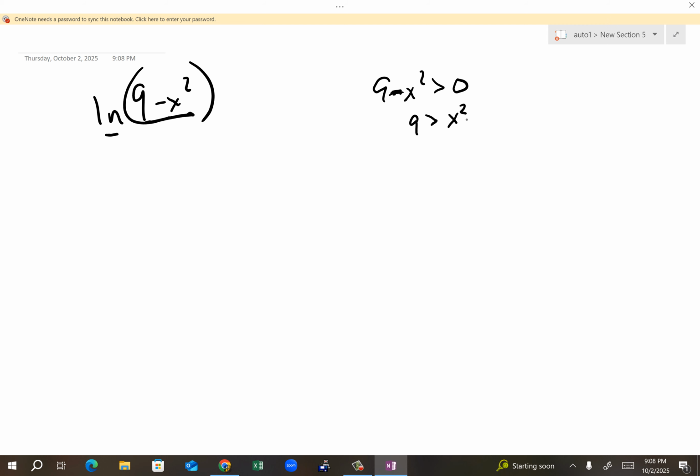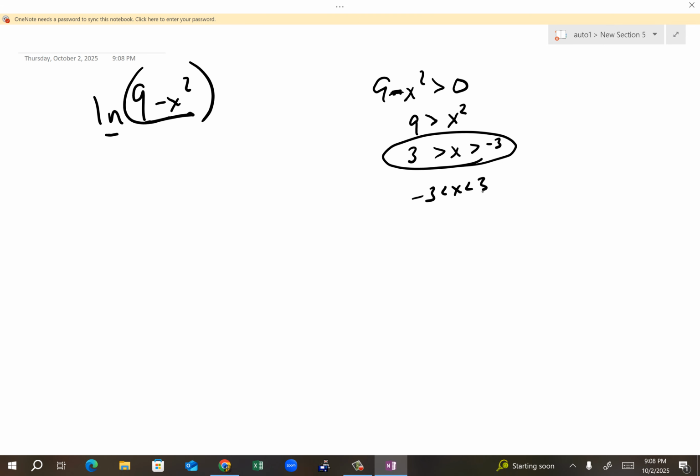This one looks interesting. The ln of 9 minus x squared. That's a function in a function, yes? 9 minus x squared better be bigger than 0. So 9 better be bigger than x squared. So x had better be less than 3 or, by the way, negative 3. By the way, this looks ridiculous. Don't ever write it that way.